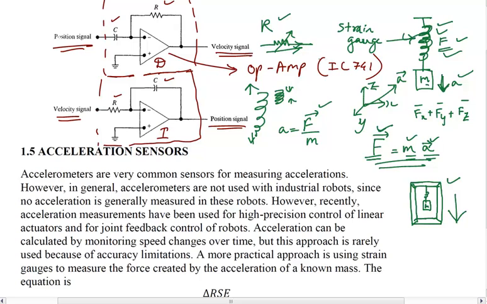By looking at the current, or by some method, if we are able to calculate the change in resistance, we will be able to calculate the change in force, and with that we will be able to calculate the acceleration. So using a strain gauge in the case of a spring here, we are able to find out the acceleration that is present.